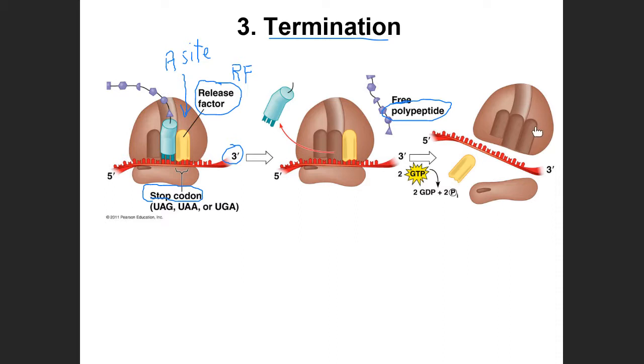It will cause the large ribosomal subunit to release from the small, thereby releasing the mRNA. So again, when a stop codon enters the A site, release factor will enter the A site, bind to the stop codon, triggering the release of the polypeptide, and then the disassembly of the initiation complex. Thus, translation is terminated.